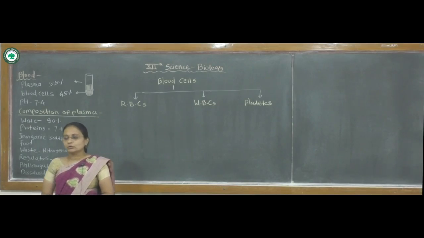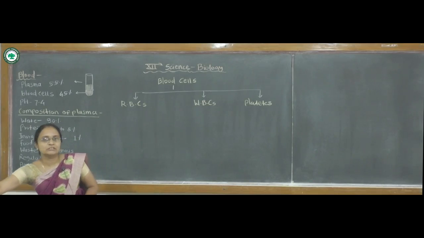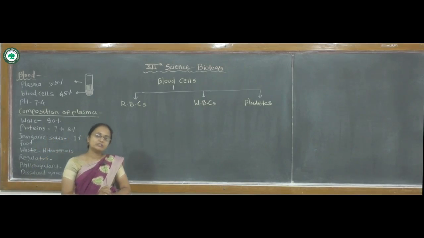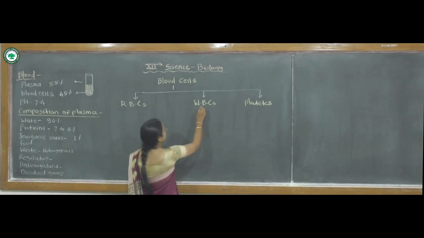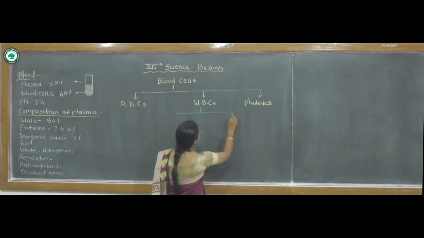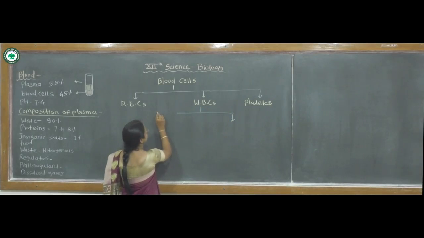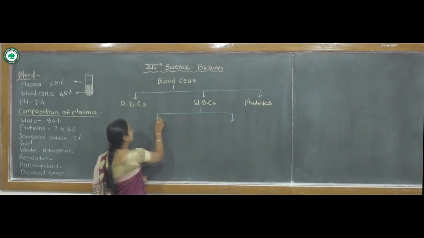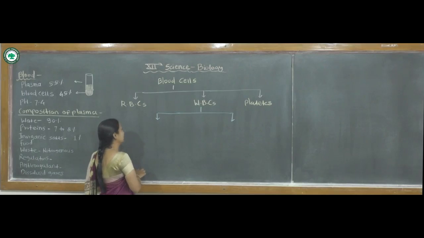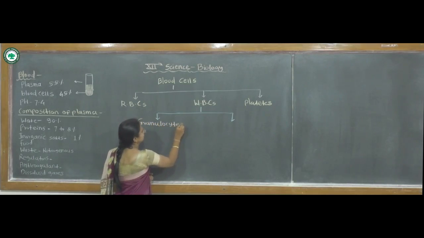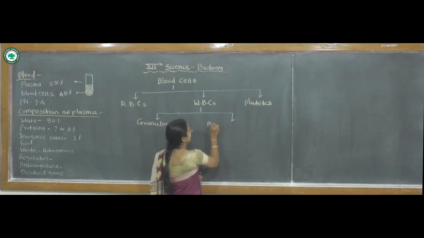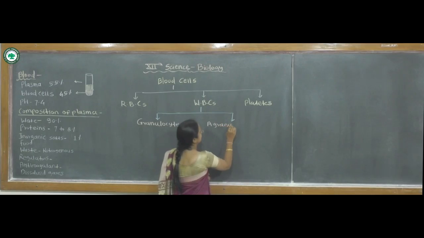Two types of WBCs are present on the basis of their cell structure. Let's see which are these two types. The first are the granulocytes and the second are the agranulocytes.